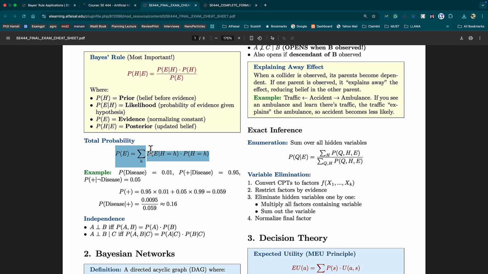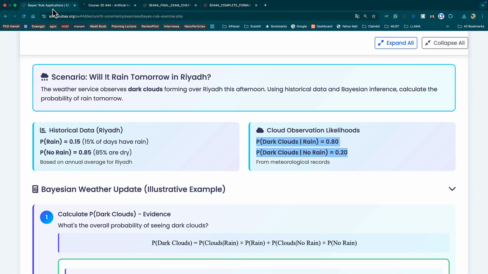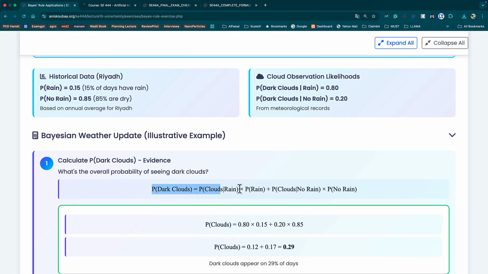That means you can have the cloud with rain or without rain, each with its own probability. So it's the conditional probability of the cloud given rain multiplied by the probability of rain, plus the other one. You have a union of two events, a union of intersections, if we think about it. So this is how it's calculated. Probability of cloud. This is the law of total probability.